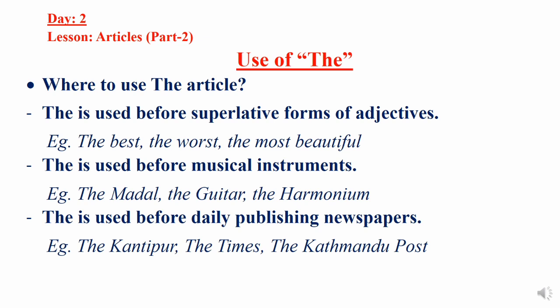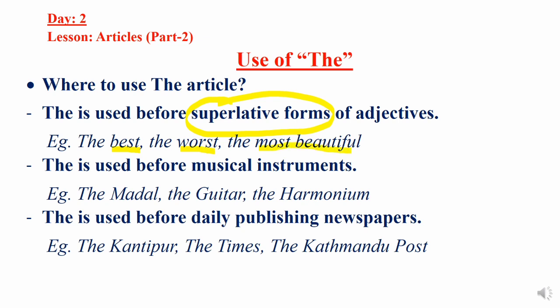The first rule is here: the is used before superlative forms of adjectives, meaning superlative degrees of the adjectives. Examples you can see here: best, worst, and in the same way, most beautiful.